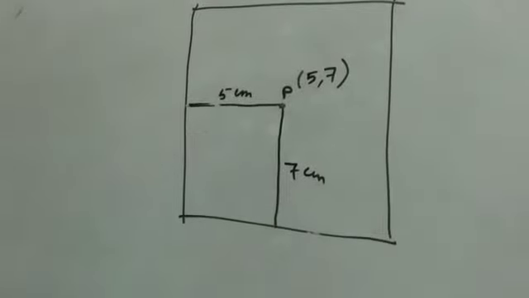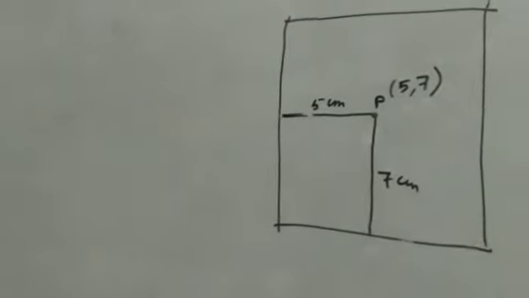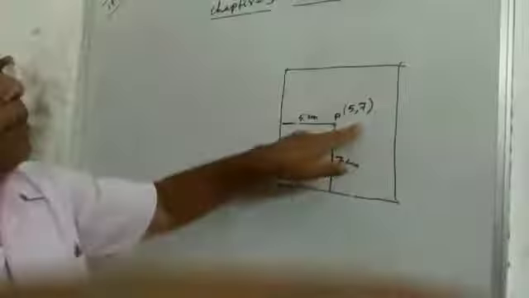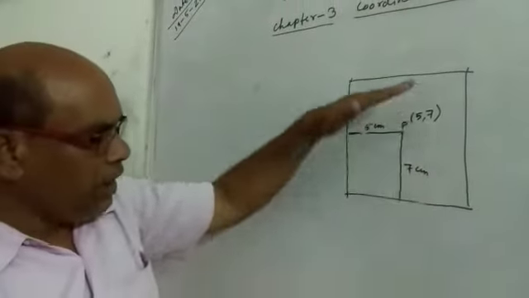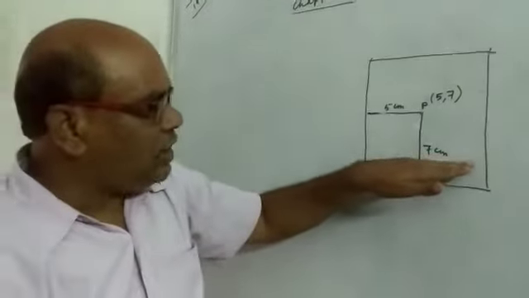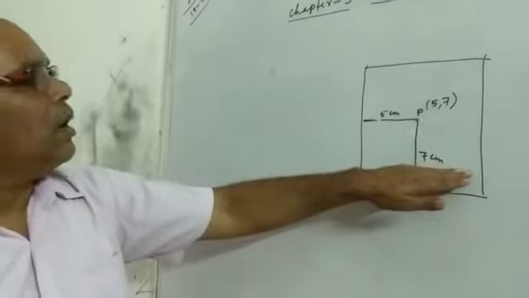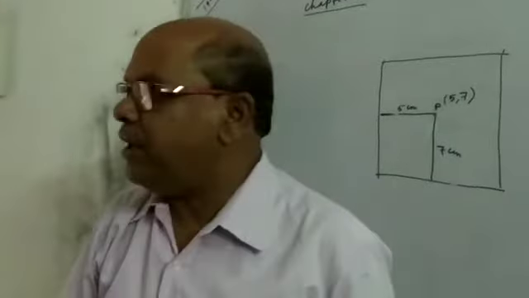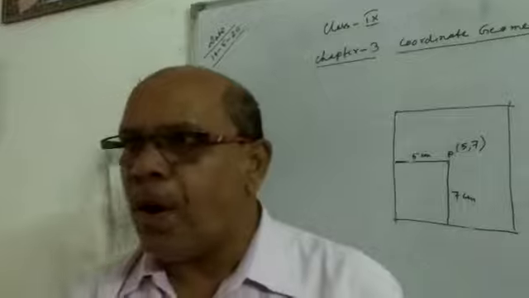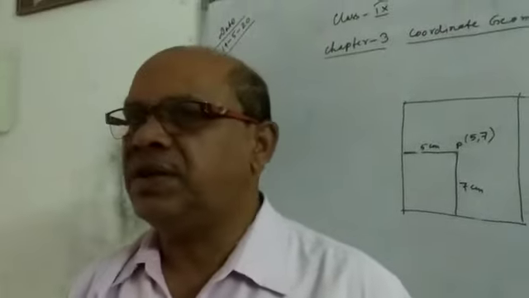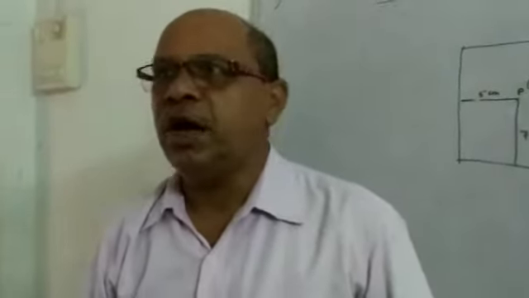This is the first idea and basic concept to find the position of a point in a plane, and this idea has given rise to a very important branch of mathematics called coordinate geometry.